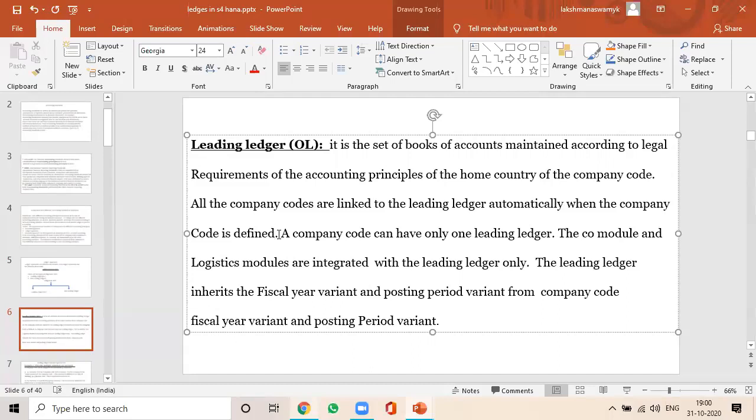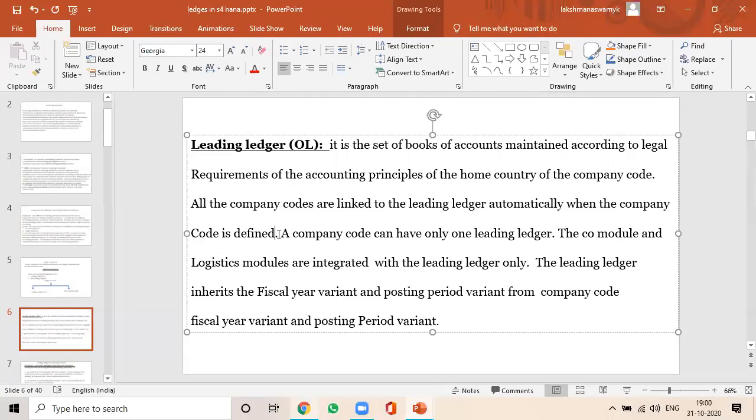Similarly, you are doing business in the UK. So you have to maintain the books of accounts according to UK GAAP or the UK Companies Act. So that set of books of accounts is called the leading ledger. And you are doing business in the USA, you have to maintain the books of accounts according to US GAAP requirements. Like that, the books of accounts which you maintain according to the accounting principle of the home country of the company code is called the leading ledger.